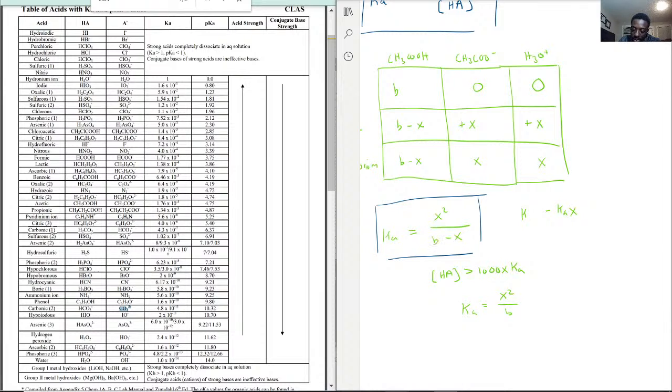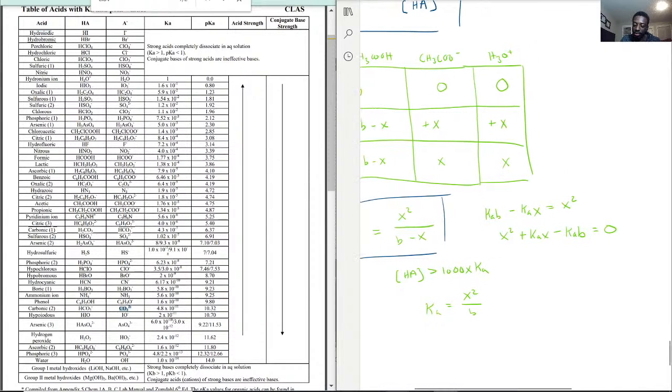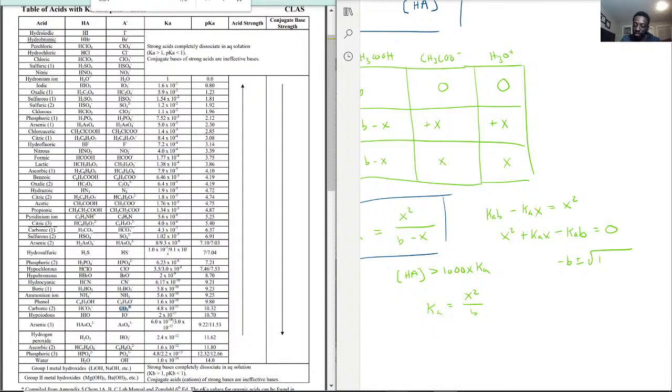So now that we replace everything with B, it'll be KaB. KaX is equal to x squared, meaning x squared, right in quadratic form, plus KaX minus KaB is equal to 0. Then you use the quadratic formula, negative b plus or minus the square root of b squared minus 4ac, over 2a.